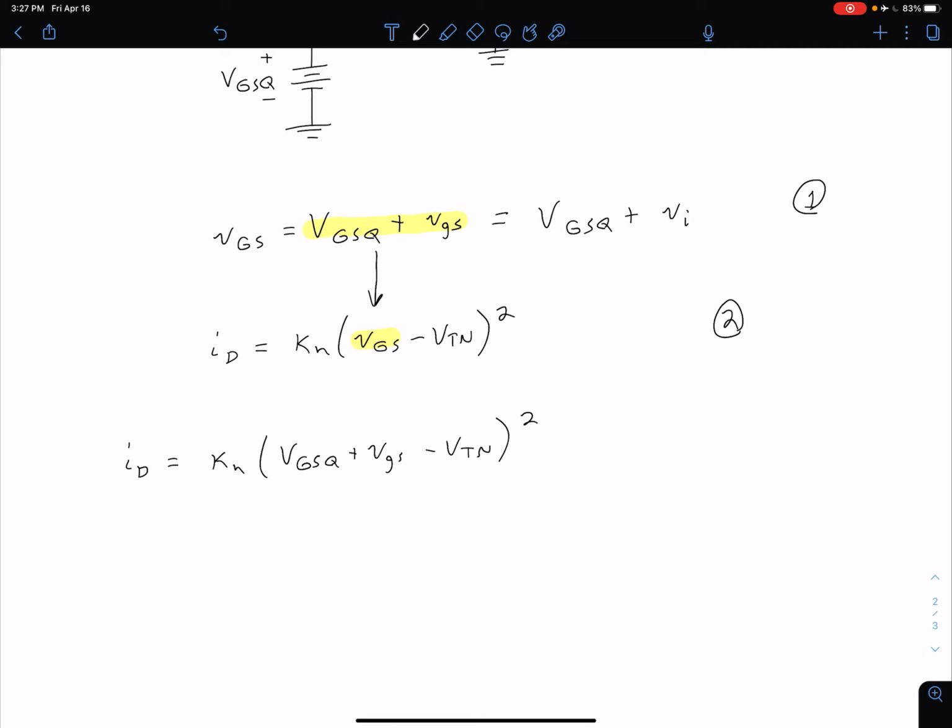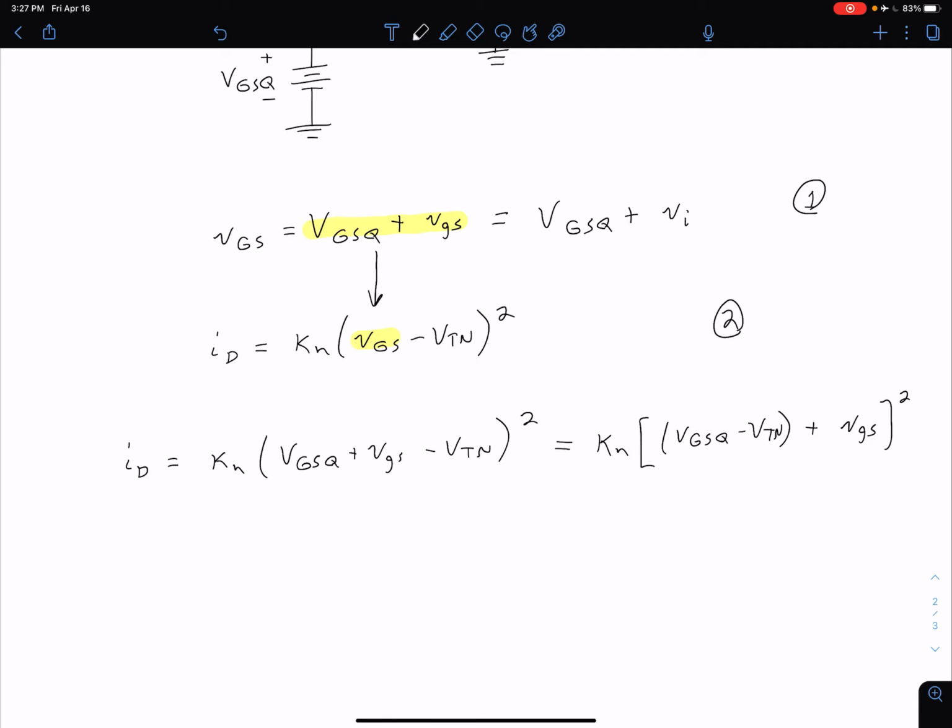We could play around with this and get the DC components together, because remember our threshold voltage ideally is just going to be one fixed value. So this is equal to Kn times the quantity of (VGSQ minus VTN), which is our DC value, plus our AC value, lowercase vgs. And that, of course, is still squared.